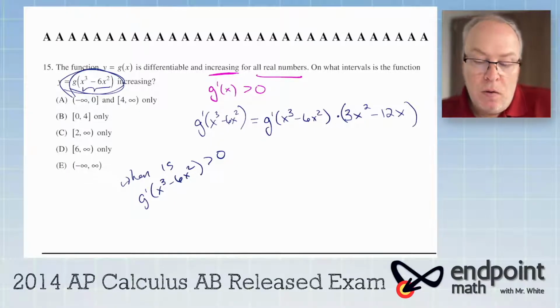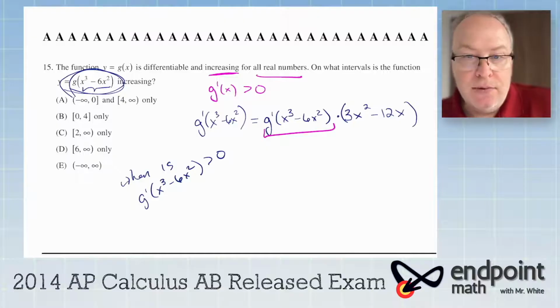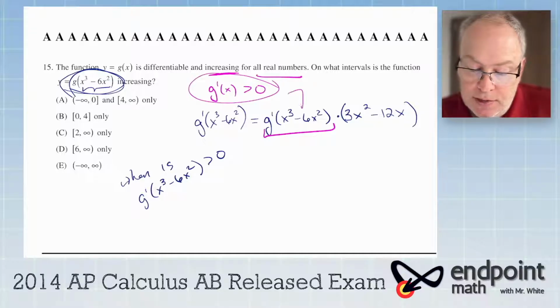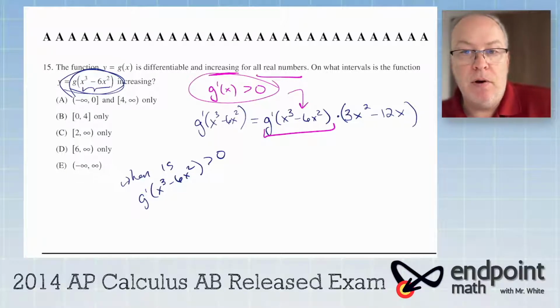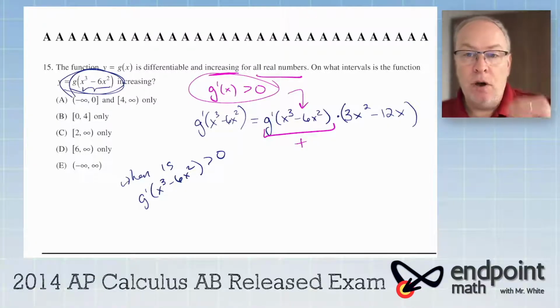All right, now this right here is always positive. Why? Because of what they told us earlier. They said no matter what you plug in g prime, you always get a positive number. Always, always, always.